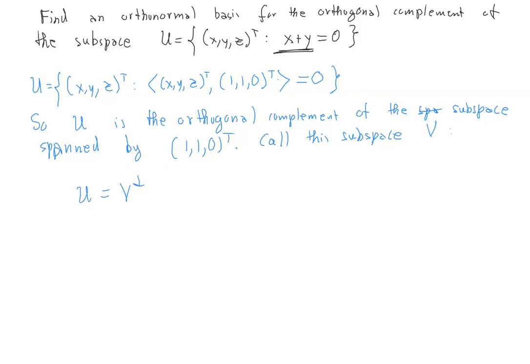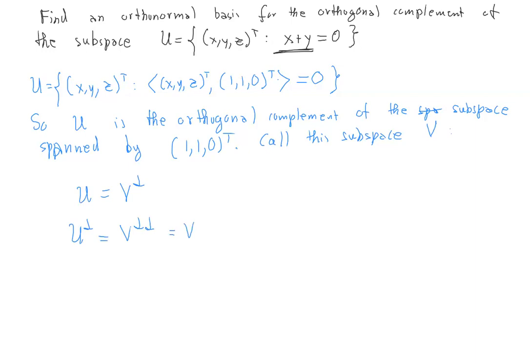So when you ask me what is the orthogonal complement of U, that is twice the orthogonal complement of V. But the orthogonal complement of the orthogonal complement, can you guess what that would be? The orthogonal complement of the orthogonal complement of a subspace. It's the initial subspace.